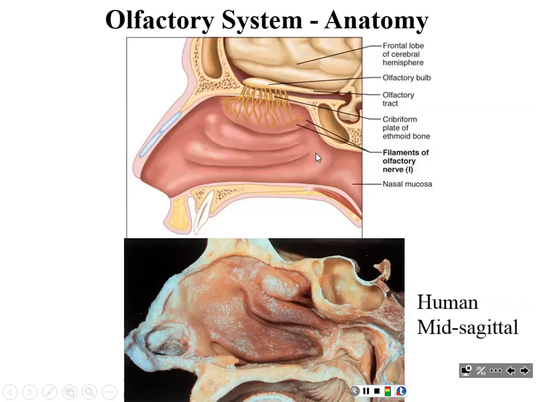Here is a cartoon with a representation of a sagittal view of a human head. Here is a human mid-sagittal section. In the back of the nasal cavity, we have the olfactory sensory neurons. They cross the cribriform plate, which is at the base of the skull, into the olfactory bulb.